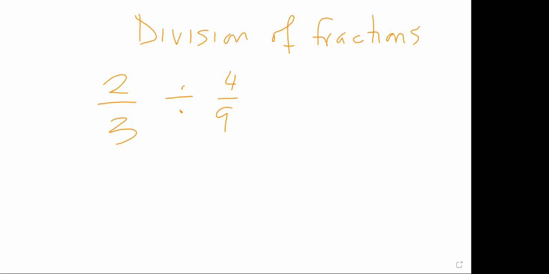You've got to keep this fraction as it is, change the sign to multiplication. So change the division sign to multiplication, and then flip this fraction. Keep the fraction on the far left, change the sign to multiplication, and flip the fraction on the right.